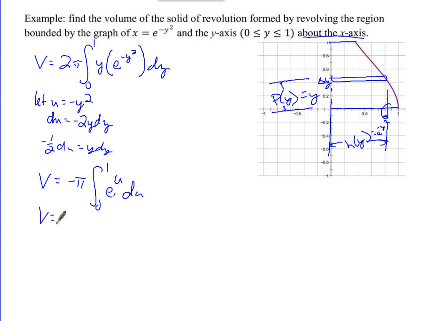All right, so v equals negative pi times e to the negative y squared from 0 to 1. Okay. So v equals... That's a good question.